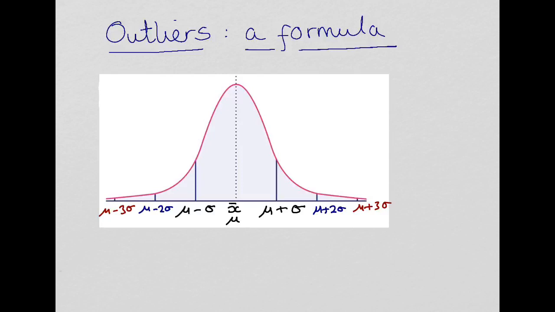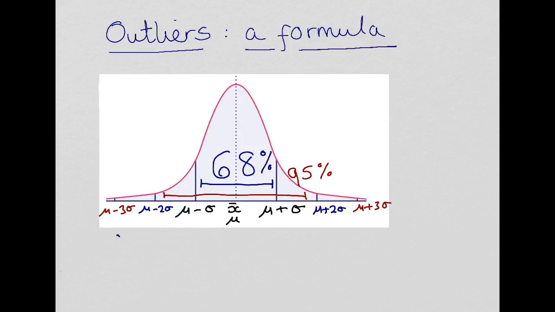Now, mathematically, 68% of the population would lie between the mean plus or minus 1 standard deviation. So that could be your people who are around the same height. Then between the mean plus or minus 2 standard deviations, you've actually got 95% of your data there.